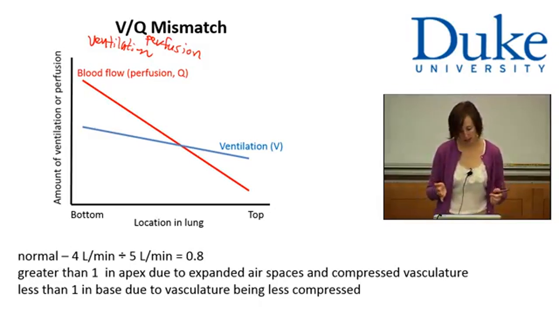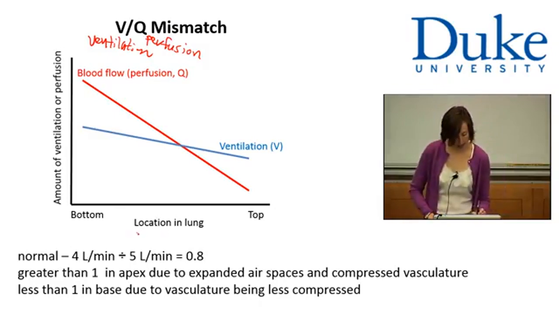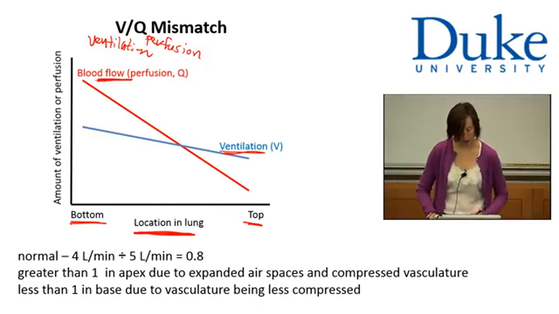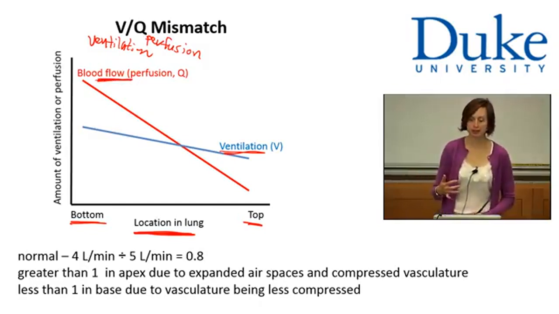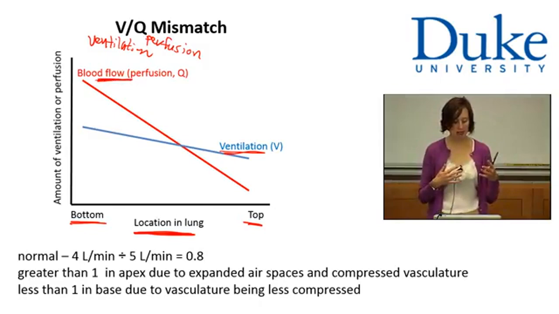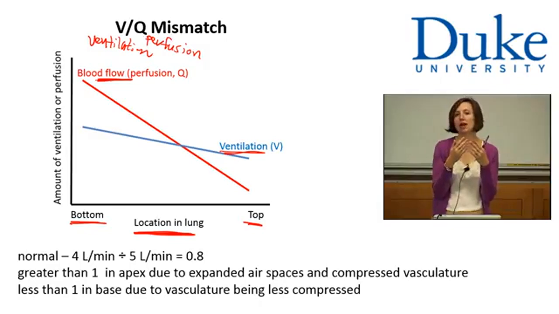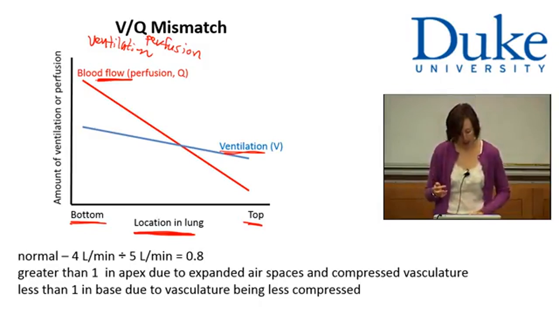So let's consider this, where depending on where we are in the lung, whether we're in the bottom of the lung or the top of the lung, both ventilation and blood flow, or Q, the perfusion, change. And what that means is, unless they are perfectly matched, we're not going to have perfect exchange.